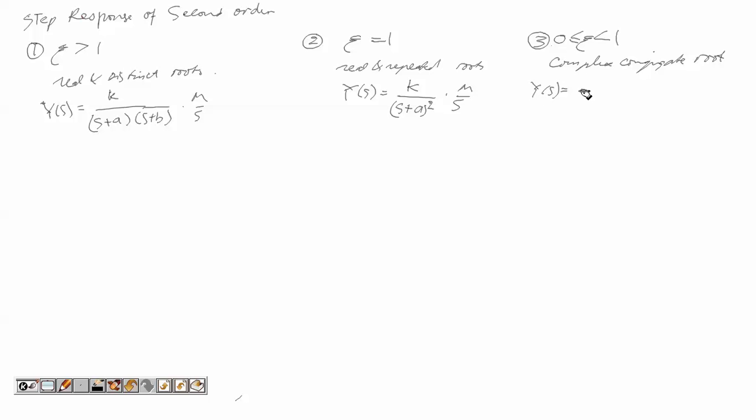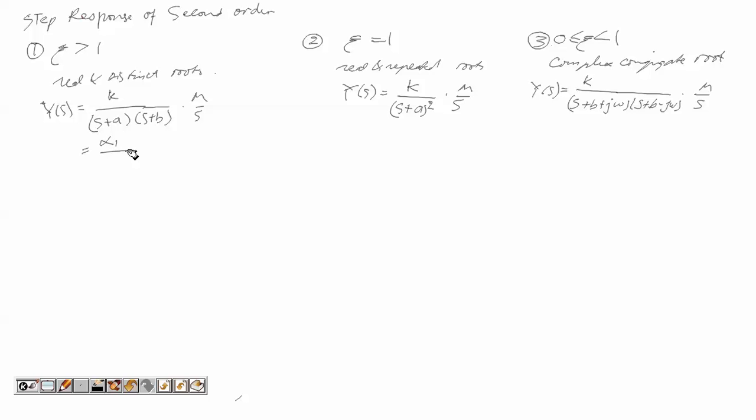Okay, for the third class, Y(s) will be K over (s plus p plus j omega)(s plus p minus j omega), times 1 over s. So you convert this to get y(t), the response of the second order.